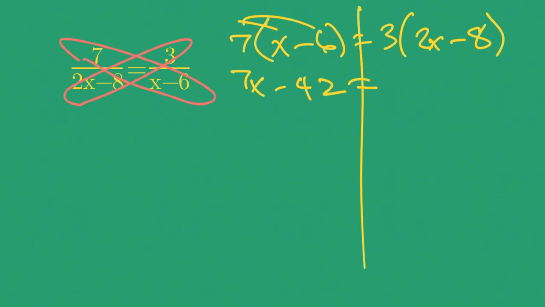There you go. 7x minus 42 equals 3 times 2x, 6x. And 3 times negative 8, negative 24.